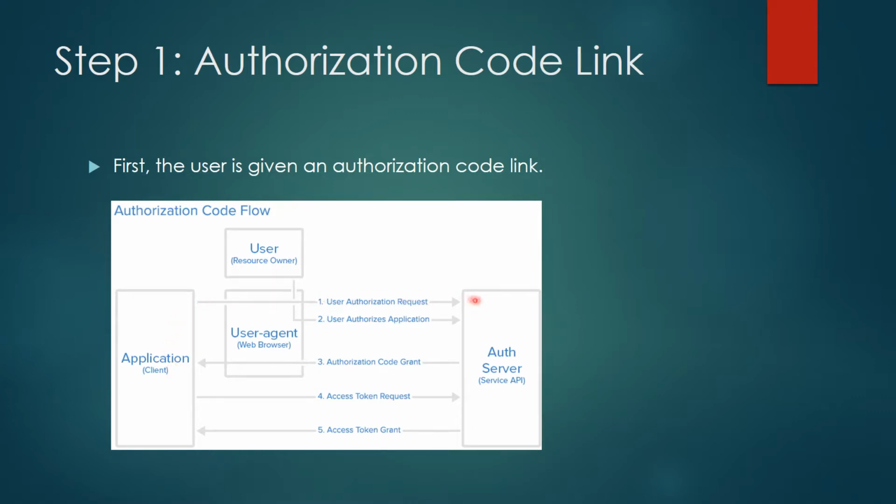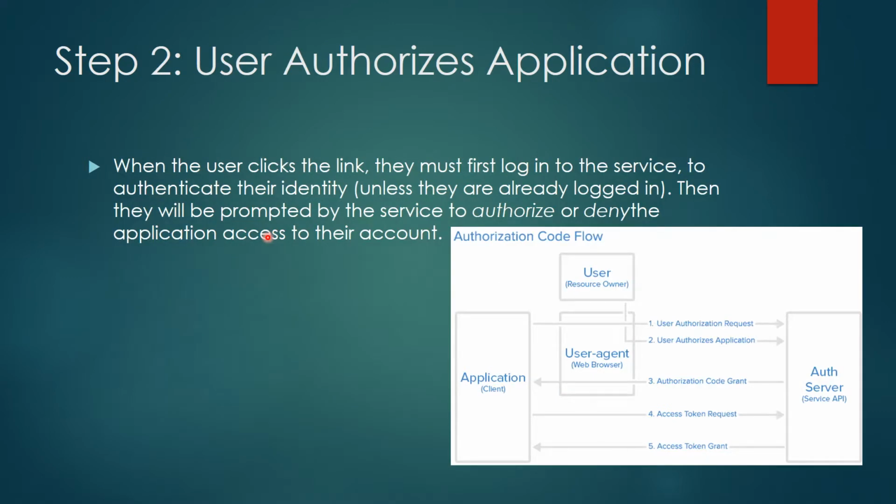So the next step, after the requesting is done, is step 2: the user authorizes the application. So basically now the user is clicking the link and is being prompted with a login. Through the web browser, as you can see here, the user is asked for some kind of permissions with some kind of credentials and so on.